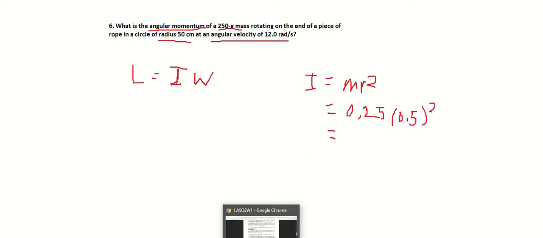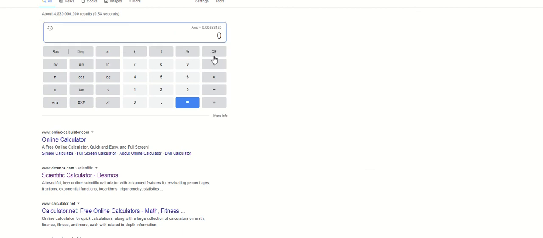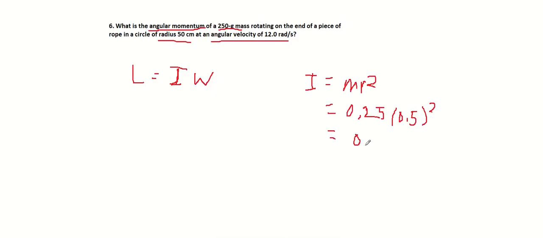Calculator. 0.25 times 0.5 raised to 2 is equivalent to 0.0625. Tandaan lang natin yan, 0.0625. Ayan.